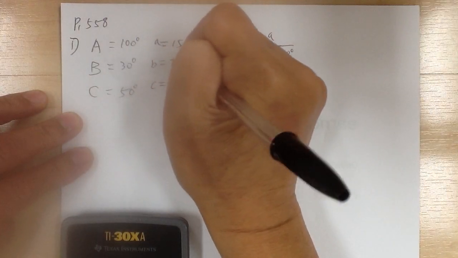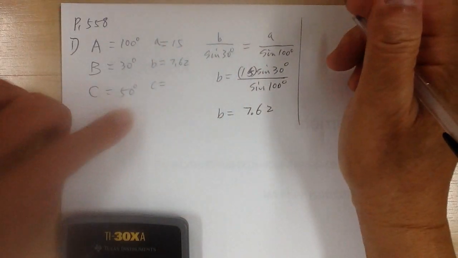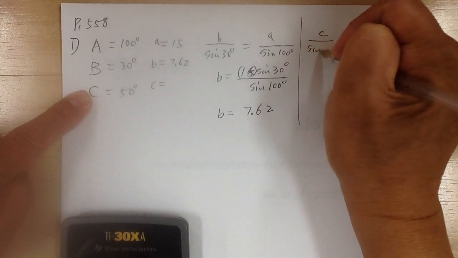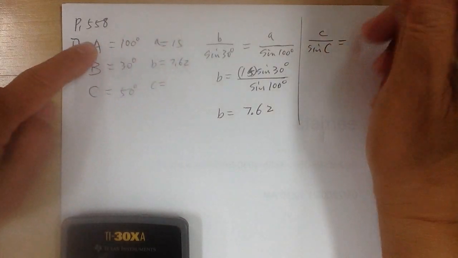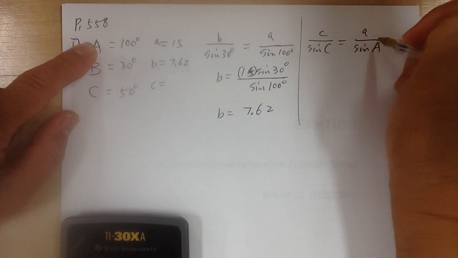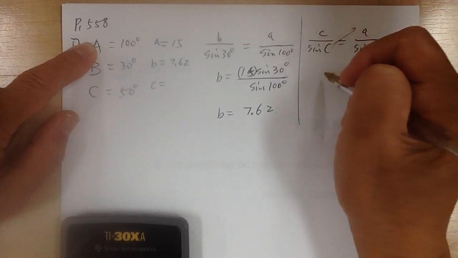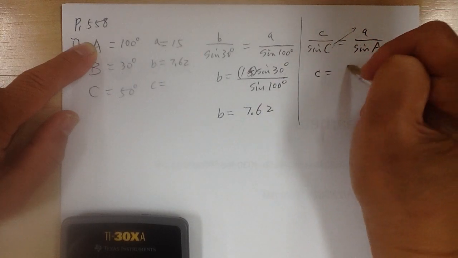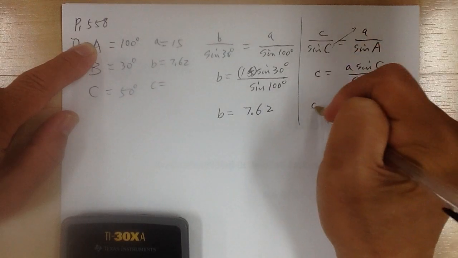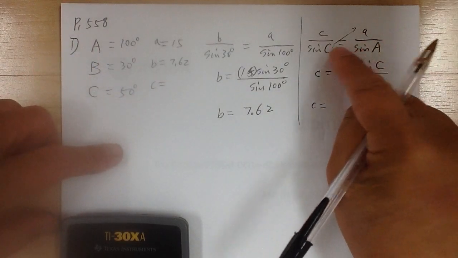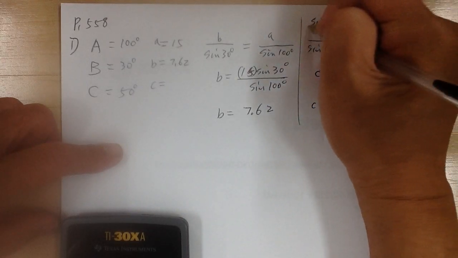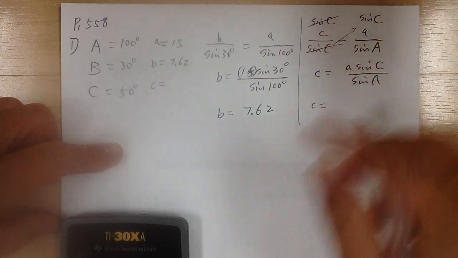So 7.62. And then to find c, you do the same thing. So c, this facing that, will equal this facing that. Again, move this over, and you get c equal to a sine C over sine A. The way you move this over is basically just times it by sine C, so that's how you get this to this side.